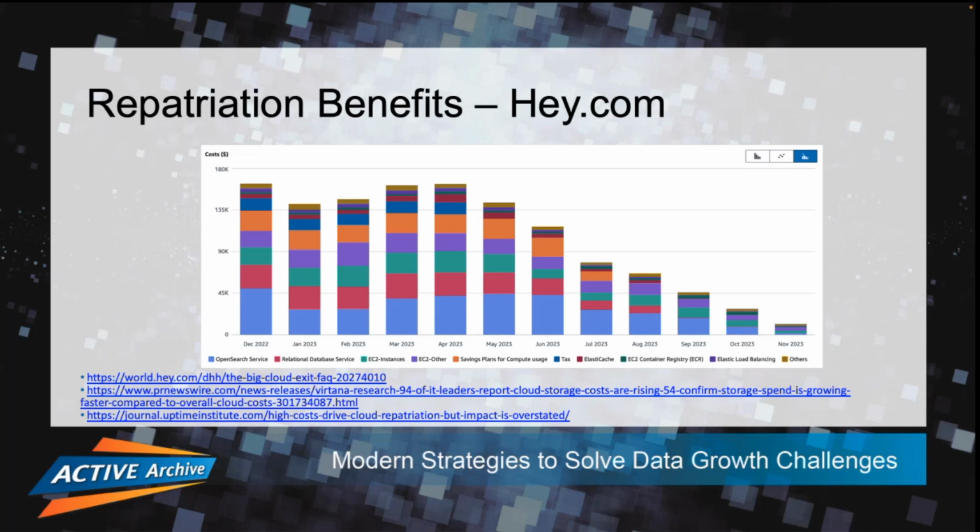And here's one example, an open example from Hey.com. Not a large example, but an excellent methodology. They indicated that when they started their transformation journey to bring compute and data back from the cloud, they were worried they were going to incur a lot more cost per month when they broke it down to get the data from cloud to premise. However, as you can see from left to right, what they actually saw was as they brought their compute back on premise, they were able to draw down the amount of usage in cloud at the same time.